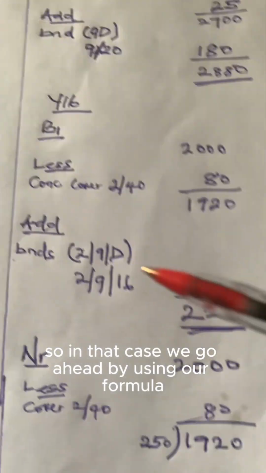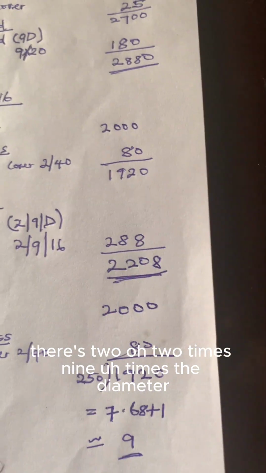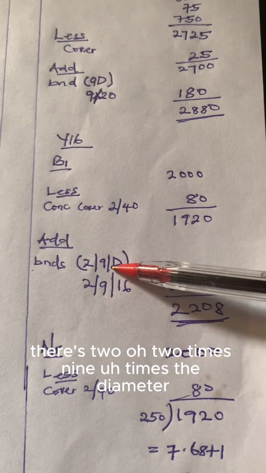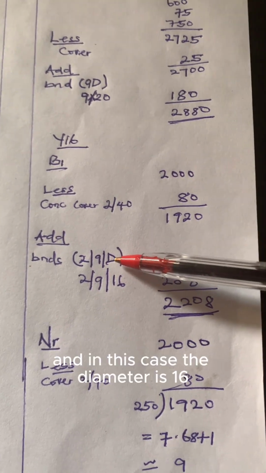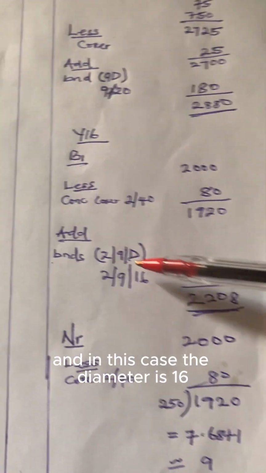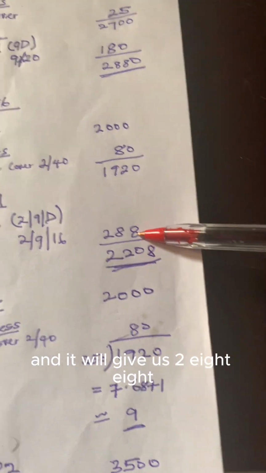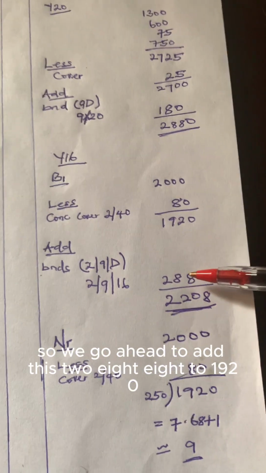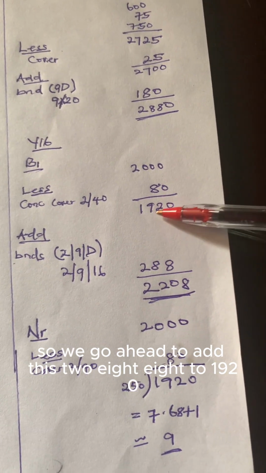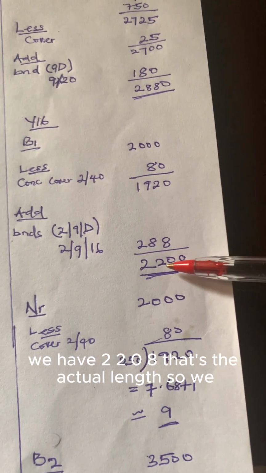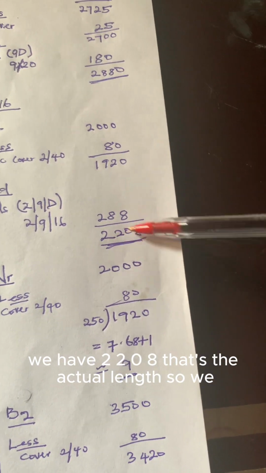So we go ahead by using our formula: 2 times 9 times the diameter, and in this case the diameter is 16. We have 2 times 9 times 16, and it will give us 288. So we add this 288 to 1920, and we have 2208. That's the actual length.